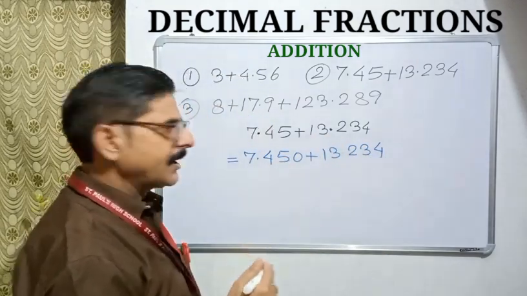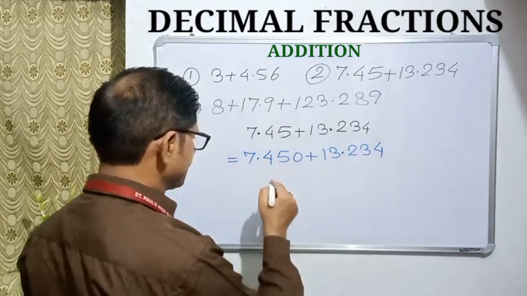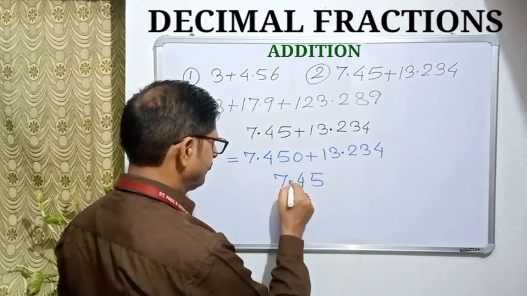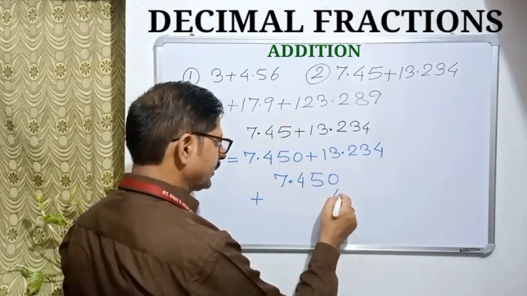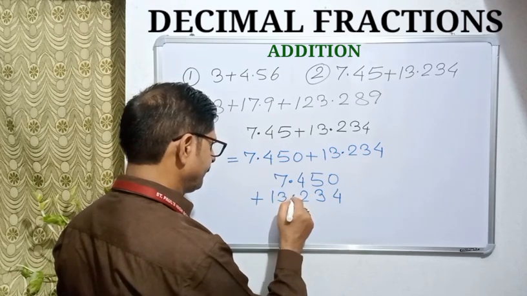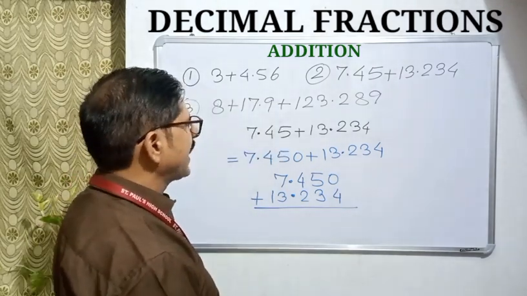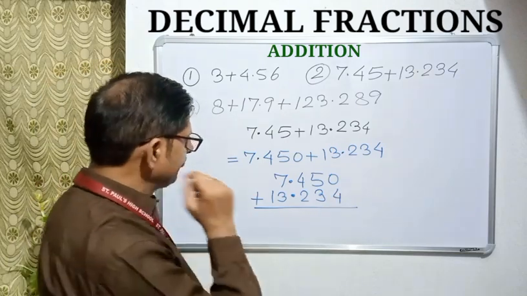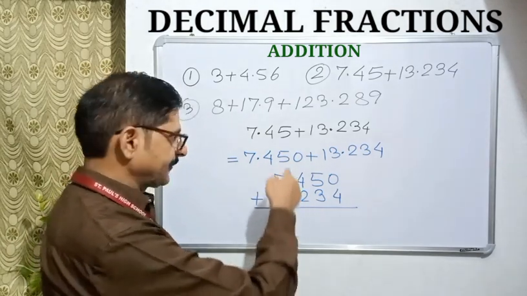Now arrange them in rows and columns as you do for the whole numbers. 7.450 plus 13.234. You may notice that I have begun to write the second number from the right side. This is so to ensure that the decimal falls in the same column, same place.